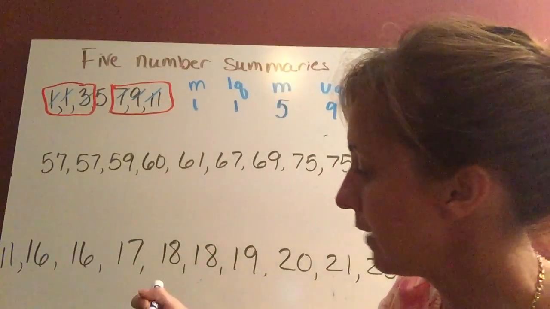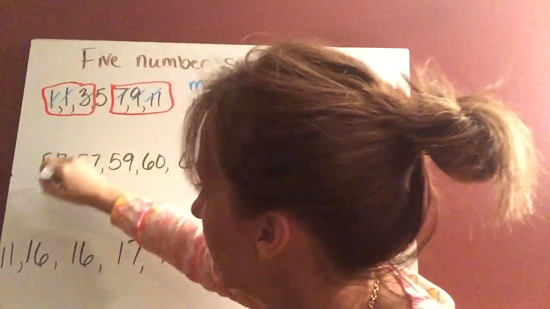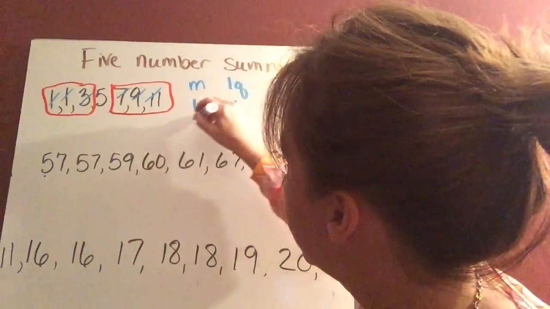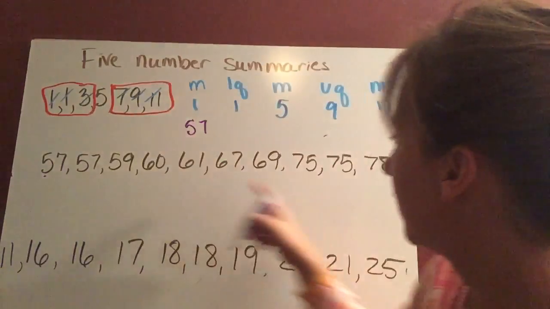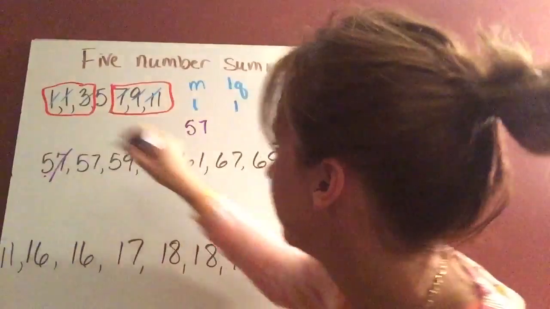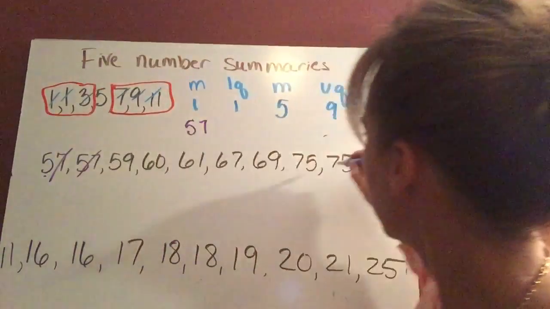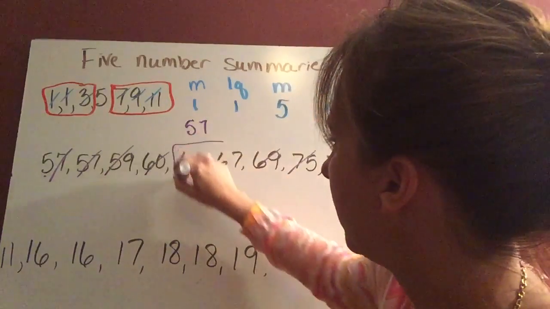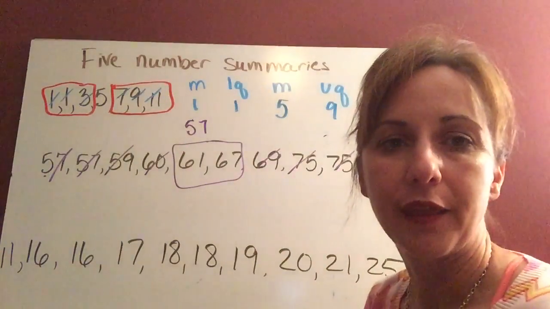Let's try this one. Same way. Lowest is 57. Highest, 78. Median, here is that trick.